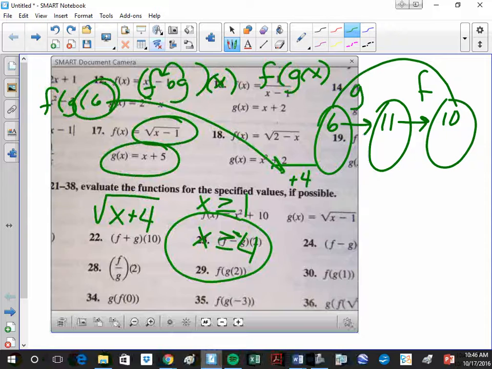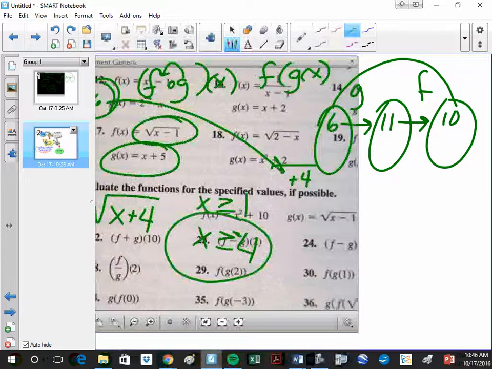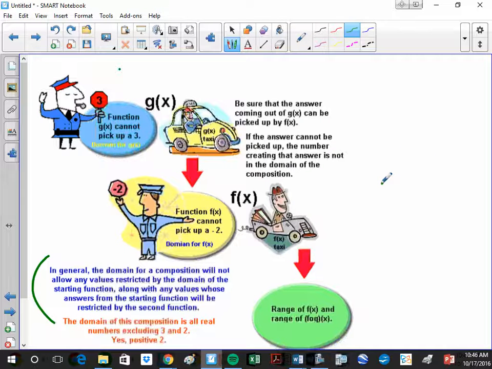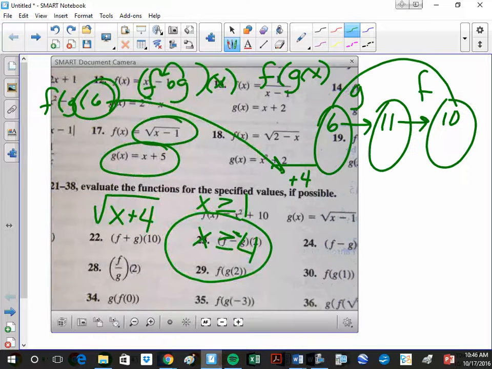So, okay, here's our picture. Be sure that the answers coming out of the first function can be picked up by the second function. If the answers cannot be picked up, the input creating that answer is not in the domain of the composition. So we look here.